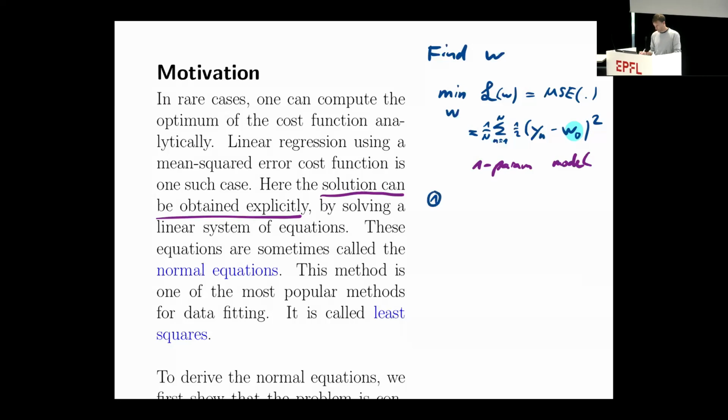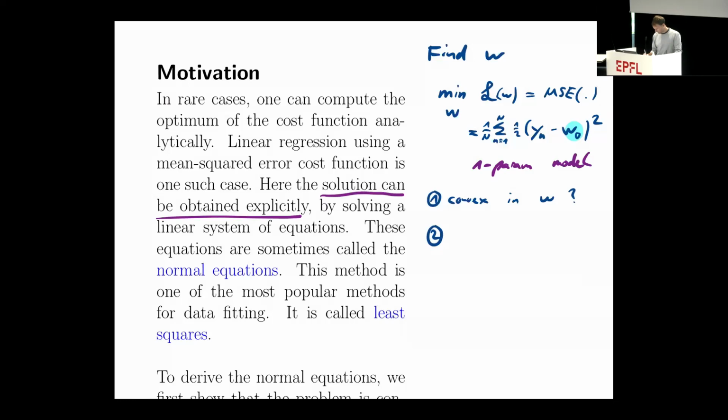So first you check if it's convex. So is it convex in W? Anyone? Yes, it is. And we will get back to several ways to check this, but you can easily convince yourself that yes, this is convex in W.